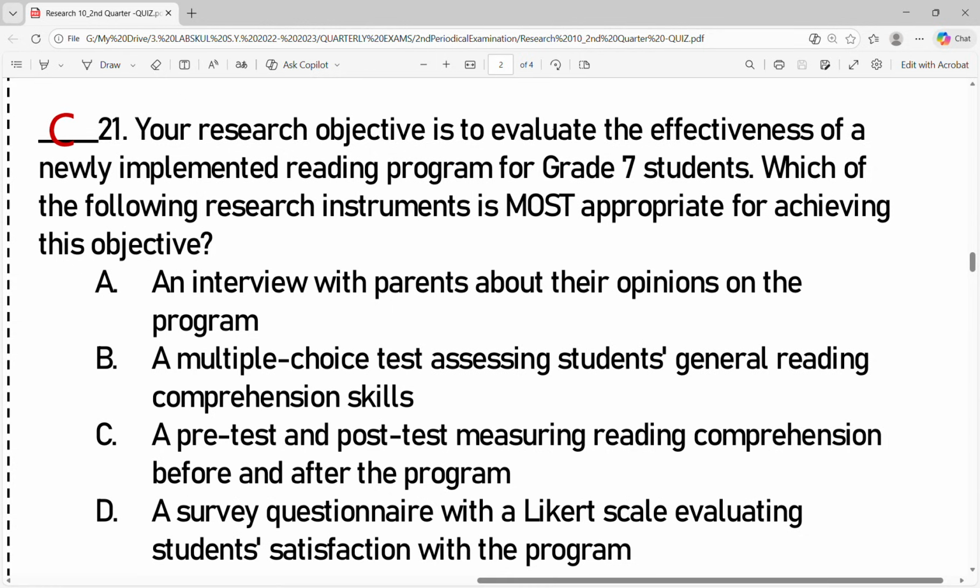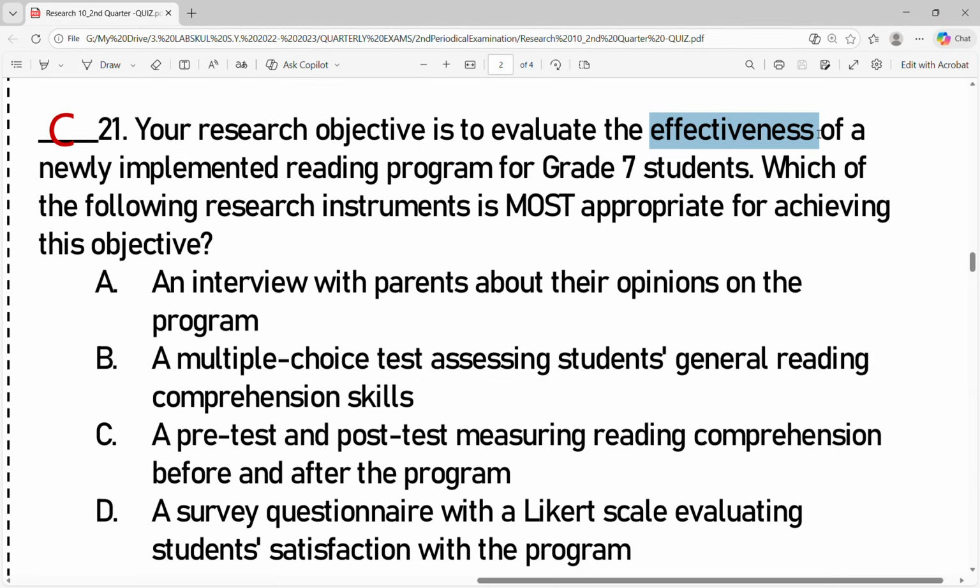Number 21, your research objective is to evaluate the effectiveness of the newly implemented reading program for grade 7 students. Which of the following research instruments is most appropriate for achieving this objective?